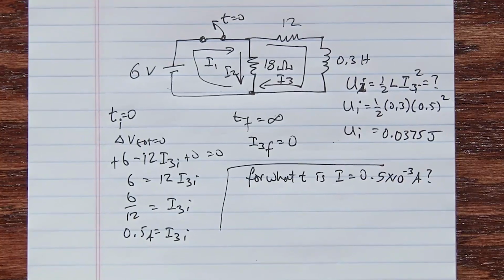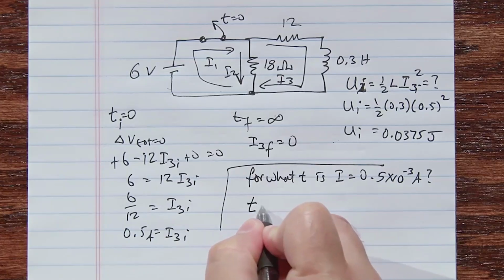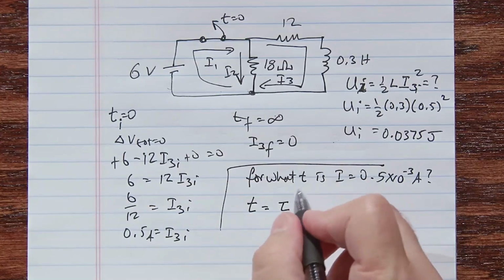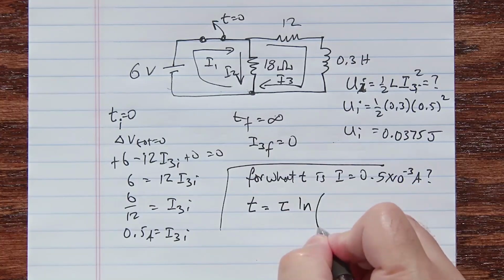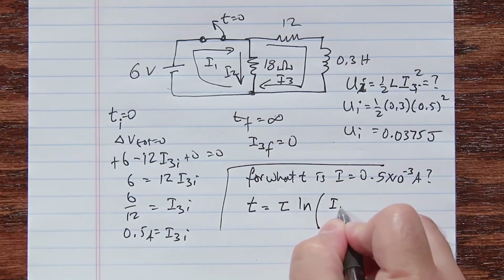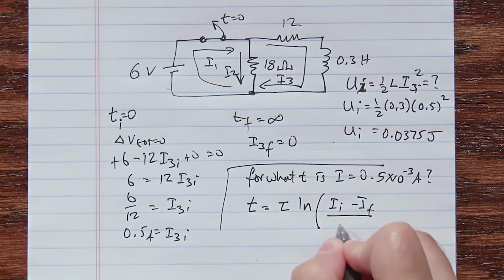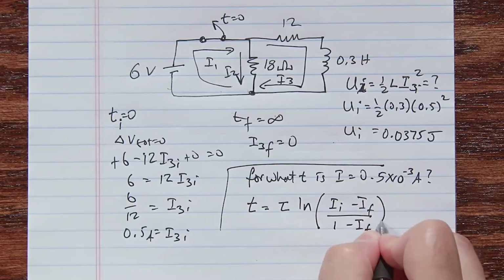For that, you'll have to go back to your equations for the current through an inductor. And that equation is t is equal to our time constant tau times the natural log of I initial minus I final over I minus I final.